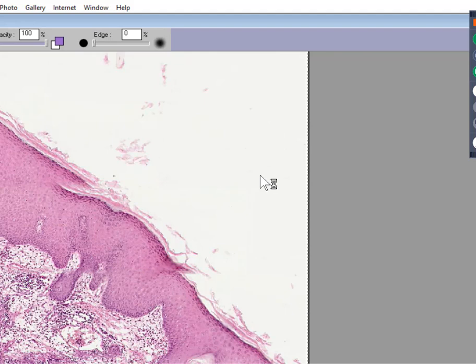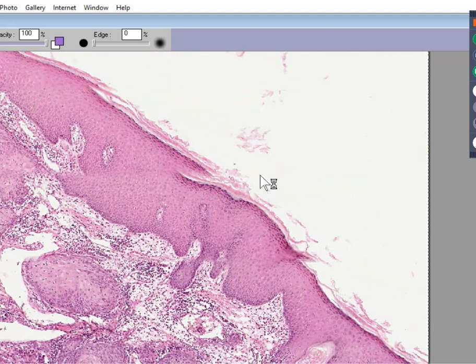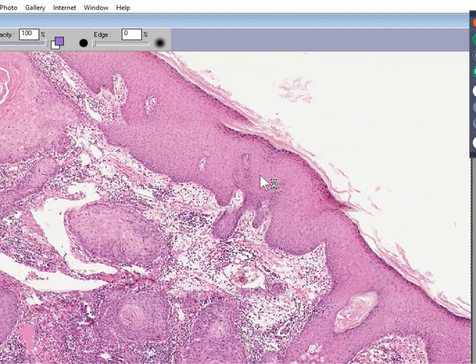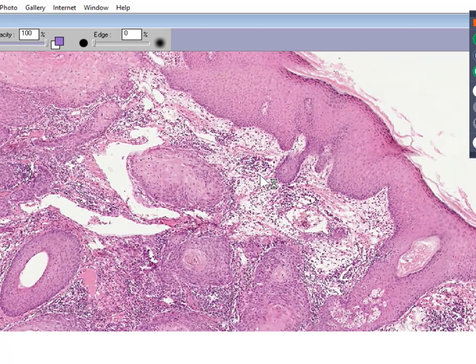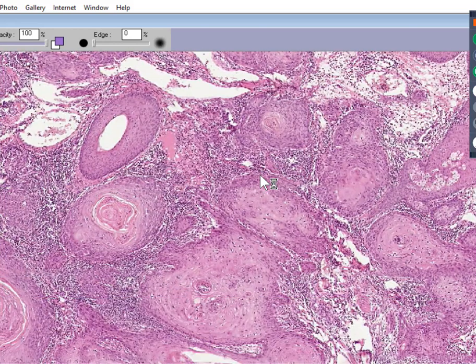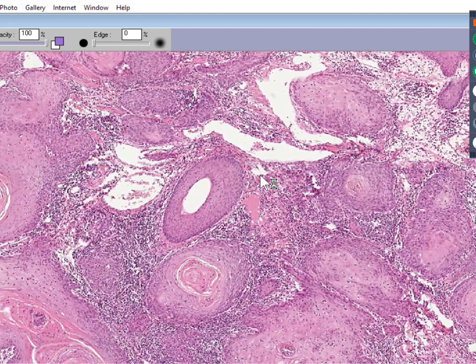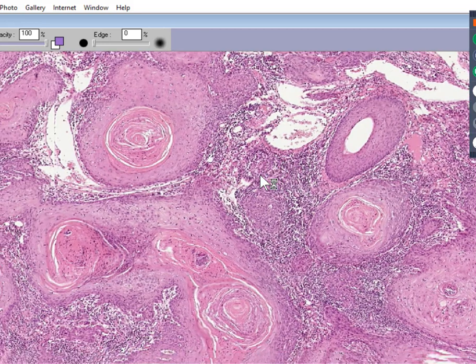But we don't see too many clear-cut appendages here. Instead, what we see are what look like nests of these squamous cells and pearls, very much resembling this overlying normal squamous epithelium. But now they are invading into the dermis and the subepidermal tissues.